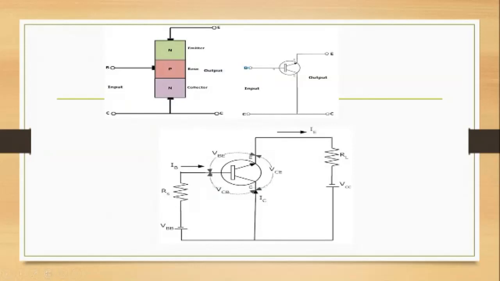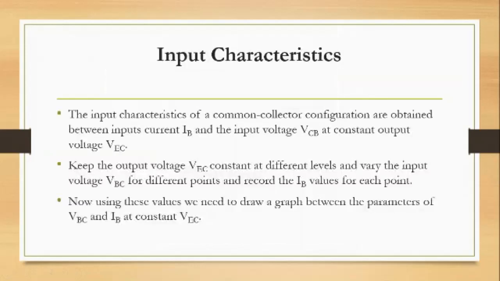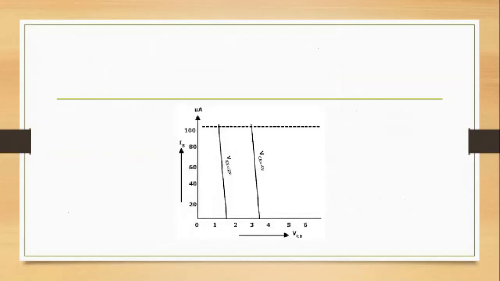That's the input characteristics. Keep the output constant at different levels and vary the input voltage VBC for different points, and record the IB values for each point. Now using these values, we draw a graph between VBC and IB at constant VEC. These are the input characteristics of the common collector configuration.